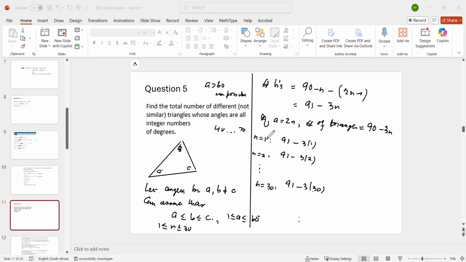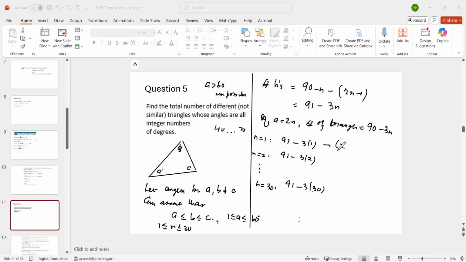So what this means is that when n equals 1, the lowest angle is 2n. So this thing here corresponds to A equals 2, and then we've got 88 such triangles.